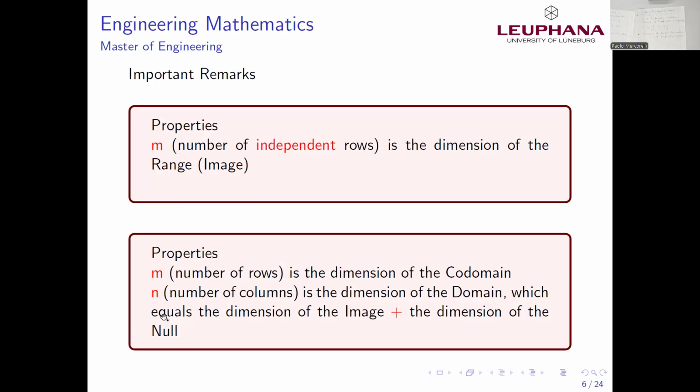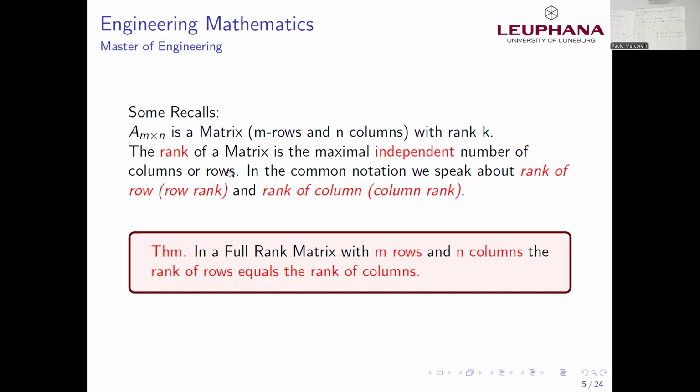M is the number of independent rows, which is the dimension of the image. We have seen exactly this now. And what was there? I forgot to cancel here times. Yes, we can see here times.